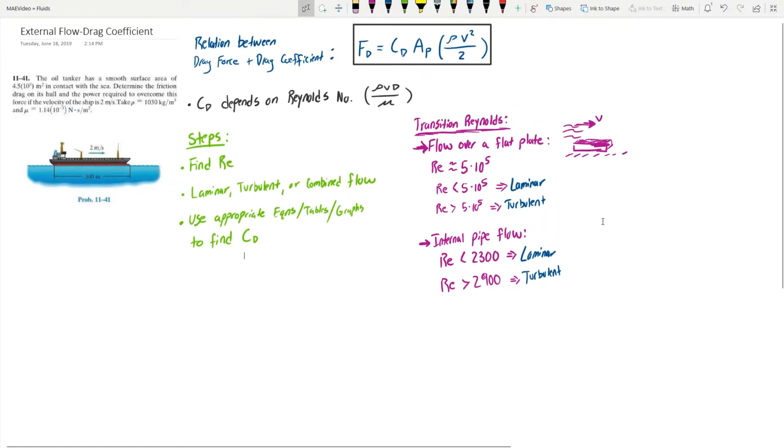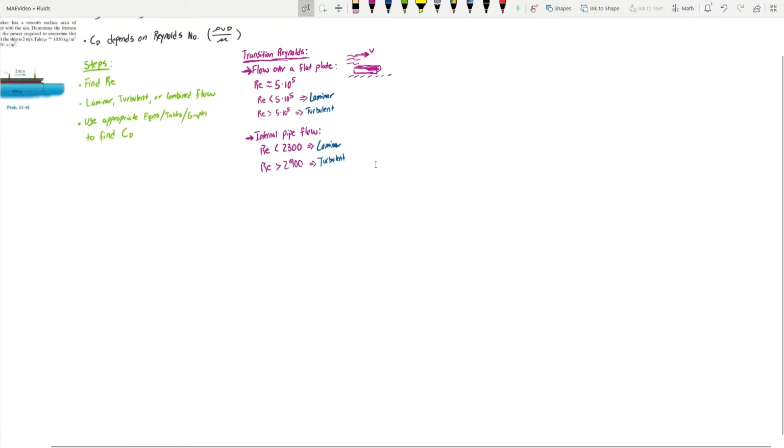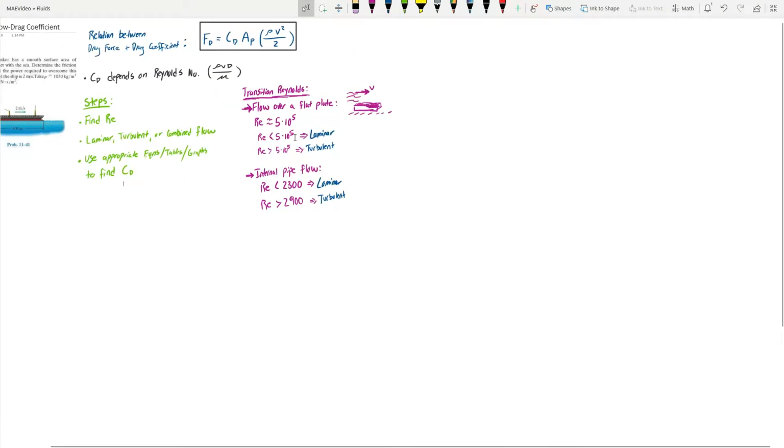Okay, so I'm going to zoom out a little bit here, and I'm going to continue this to the side here.